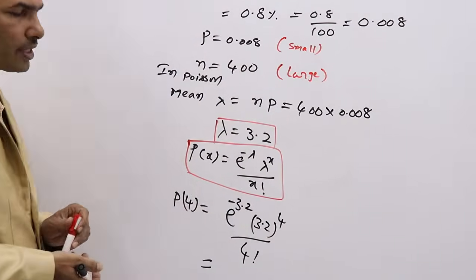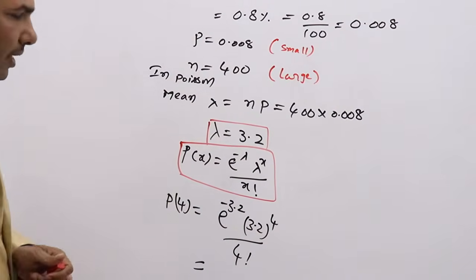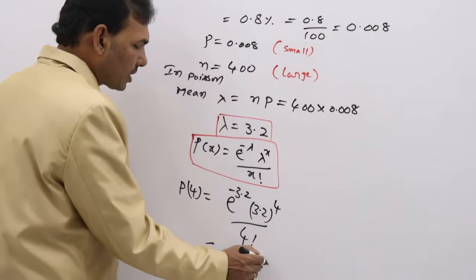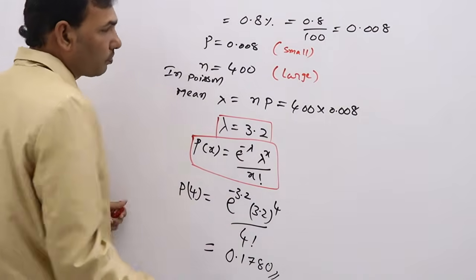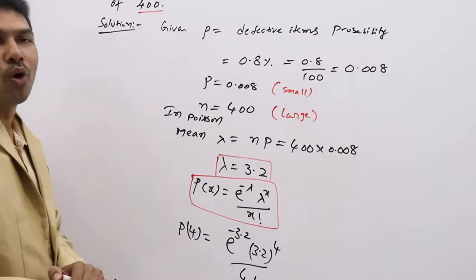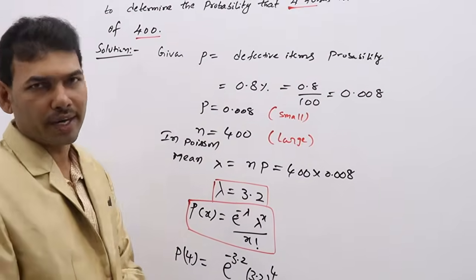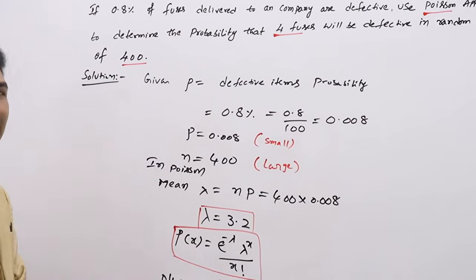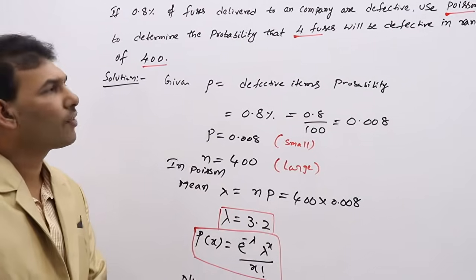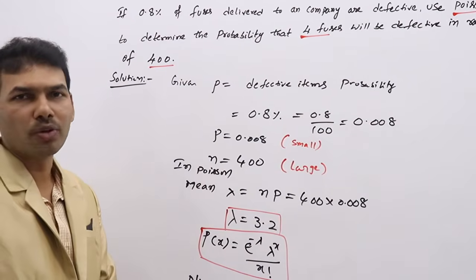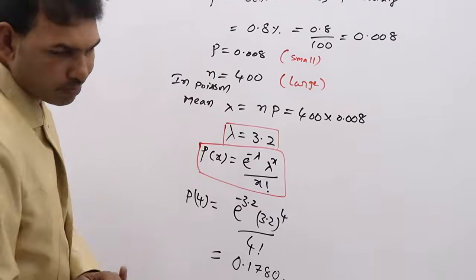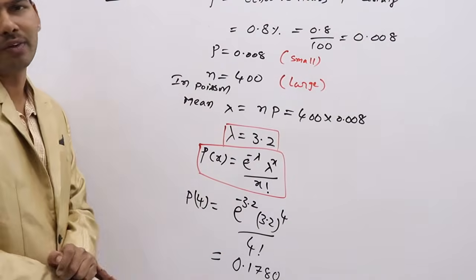If you calculate this value using your calculator, you will get the probability 0.1780. So this is the probability of getting 4 defective fuses out of 400. Out of 400 items, if you select a few items, you can find only 4 defective with probability 0.17. That means 17% probability of getting 4 defective.